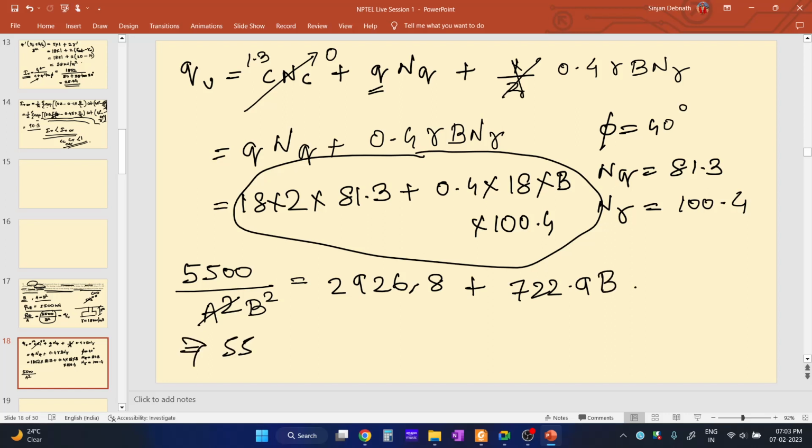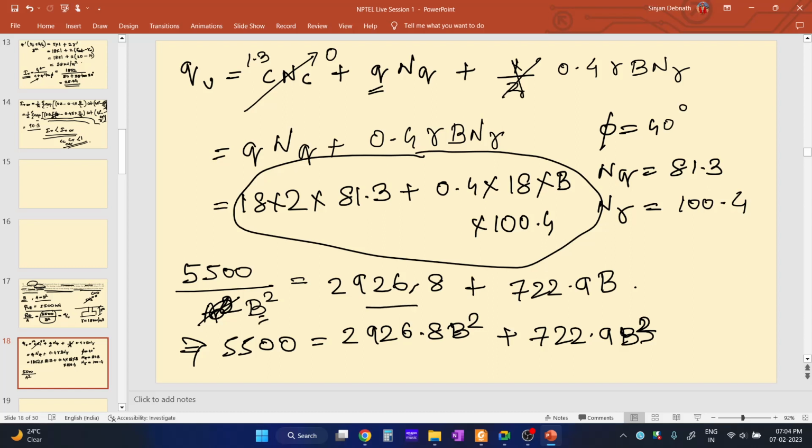So 5500 is equal to 2926.8 B square plus 722.9 B cube. I am just multiplying this part with B square. So you will get this equation.